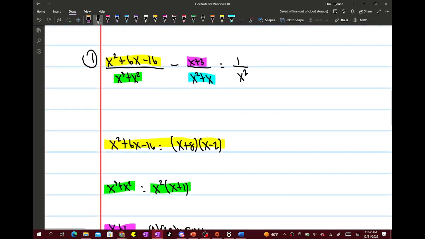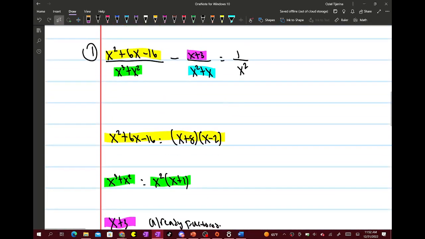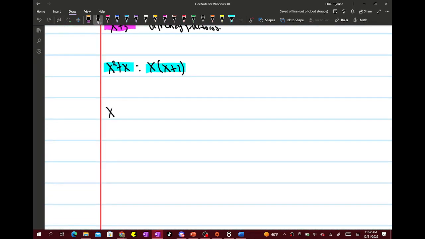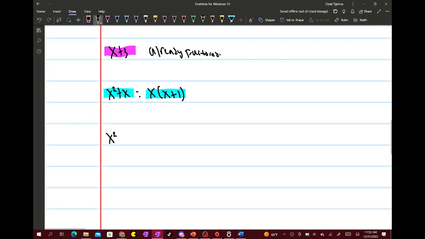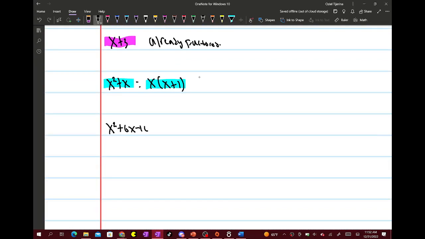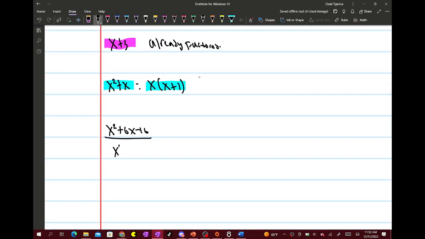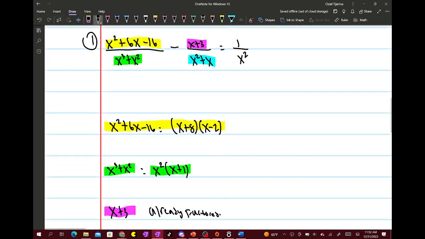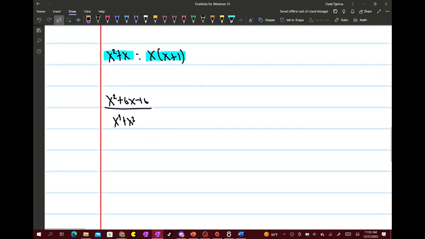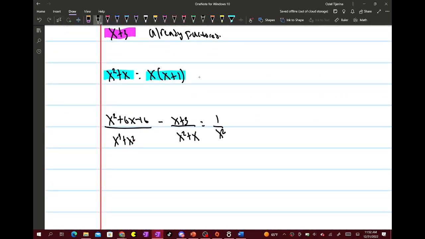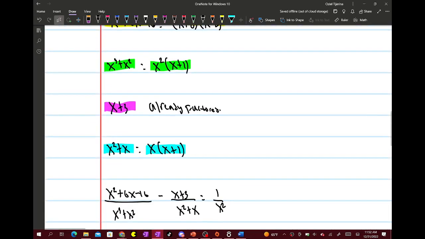So now if you look carefully, we have x squared plus 6x minus 16 over x cubed plus x squared, and then minus x plus 3 over x squared plus x, is equal to 1 over x squared. Then you're just going to put exactly what all of these are.